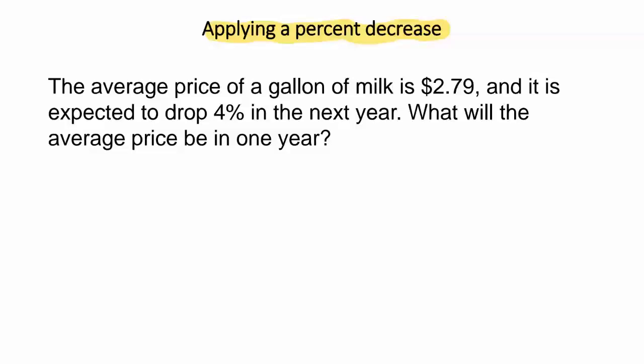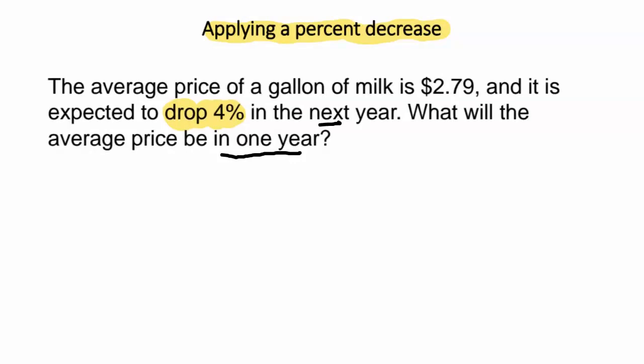Notice the word drop. The story problem says the average price of a gallon of milk is $2.79, and it is expected to drop 4% in the next year. What will be the average price in 1 year?